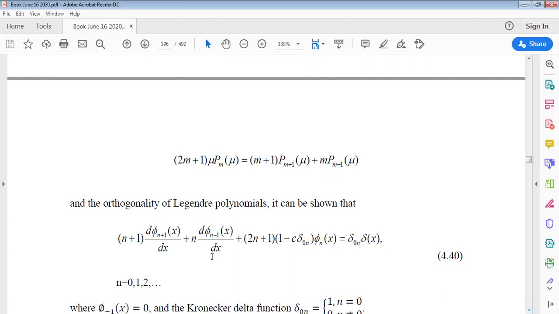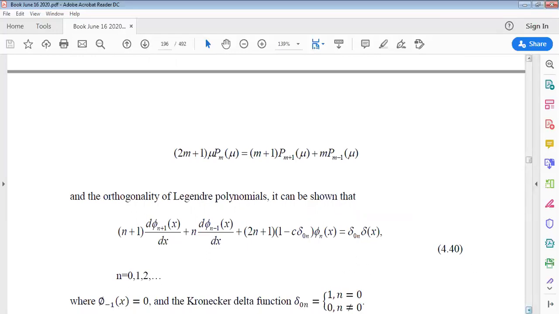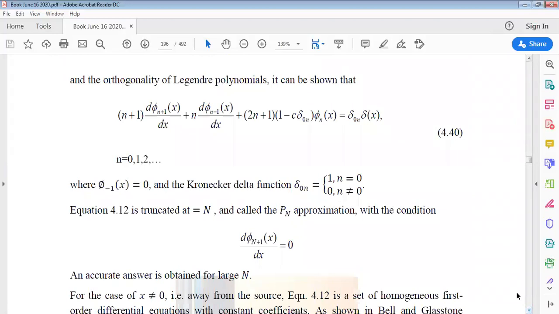And you can also use the orthogonality, so you get a differential equation which connects phi n with phi n plus 1 and phi n minus 1. So again, you need to do a finite difference over here, and you can have a matrix, start from an initial condition, and apply the boundary conditions, so you can converge to the solution.